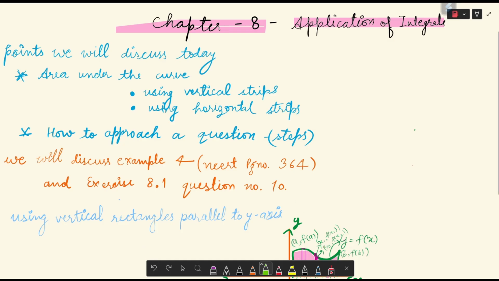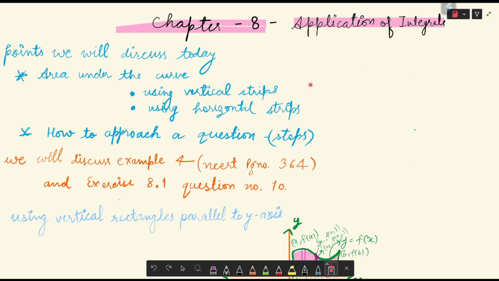You must have studied that if a square is given, you can tell its area. If it's a circle, you can tell its area. If it's a trapezium, you can tell its area. But what if we get something like this? How are you going to tell its area?